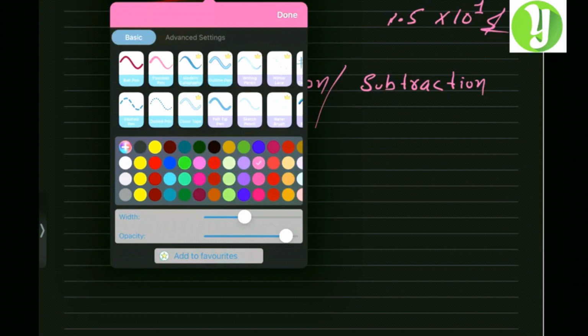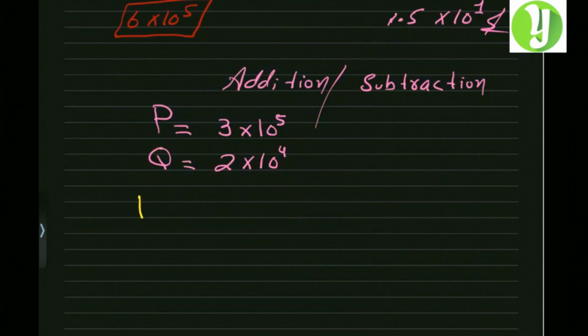Addition, we can write, is p plus q. First of all, we can just substitute the values: 3 times 10 power of 5 plus 2 times 10 power of 4. Okay.